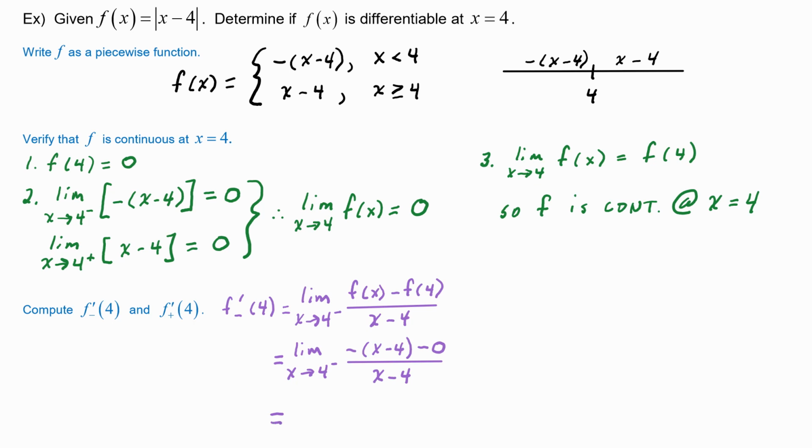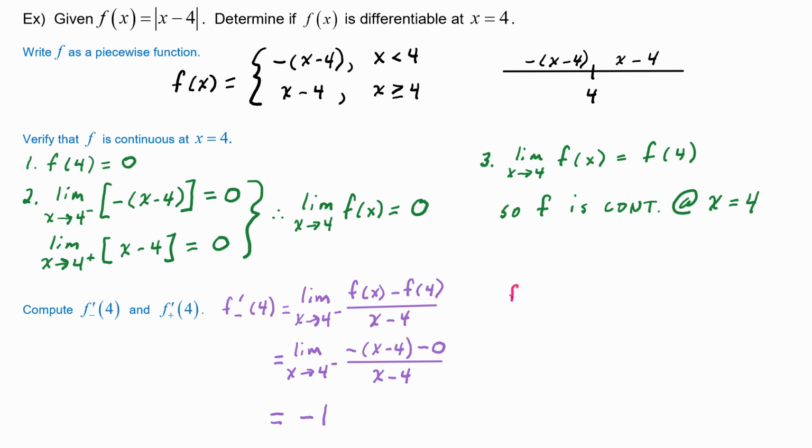And we can see that the x minus 4 in the numerator will cancel with the x minus 4 in the denominator, and what we have left is negative 1. So that is the derivative from the left at 4.